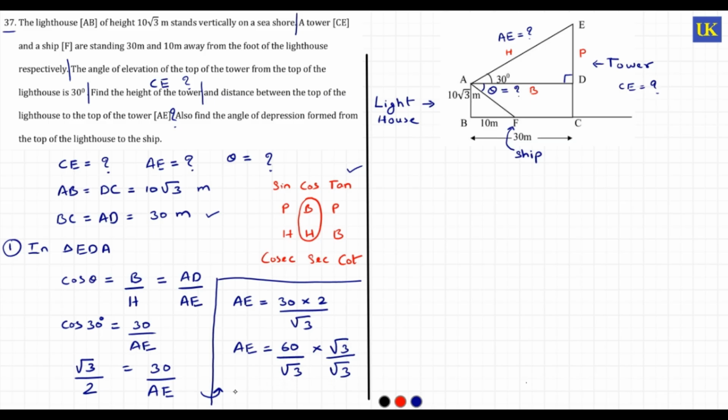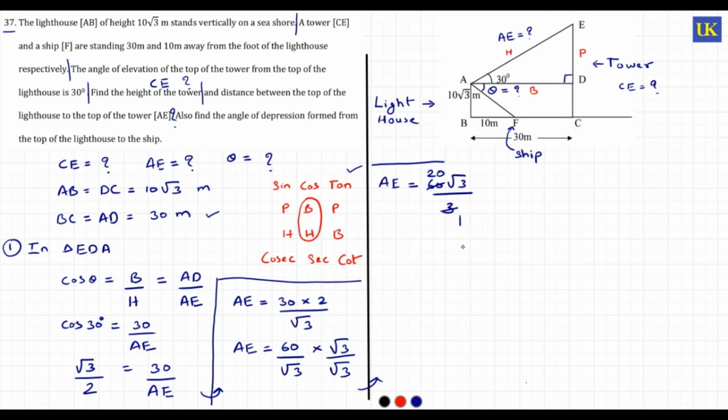So here I'll just continue. AE is equal to 60 root 3 upon root 3 into root 3, and we know that it will become 3. So 3 ones are 3, 3 twos are 6, 0 as it is.